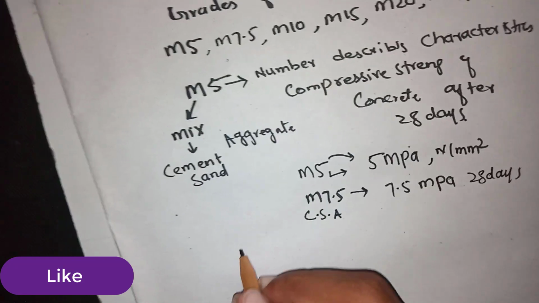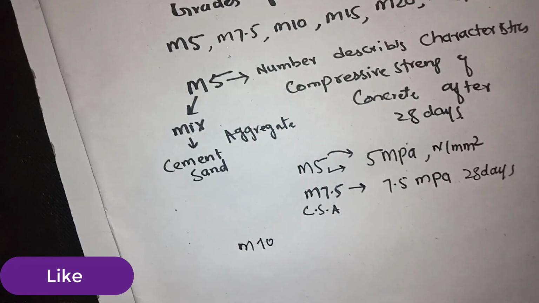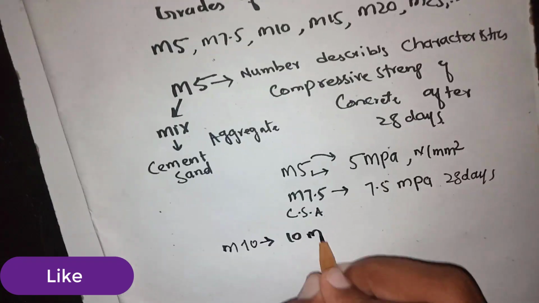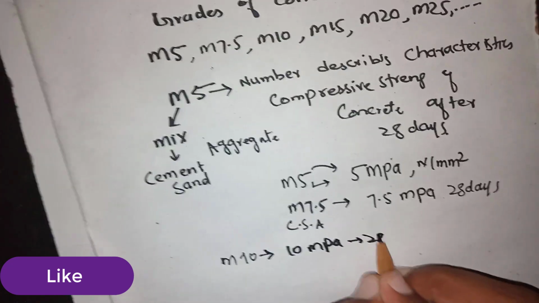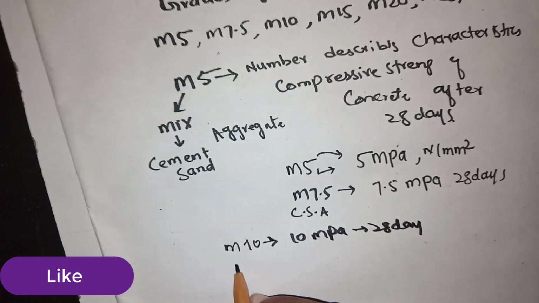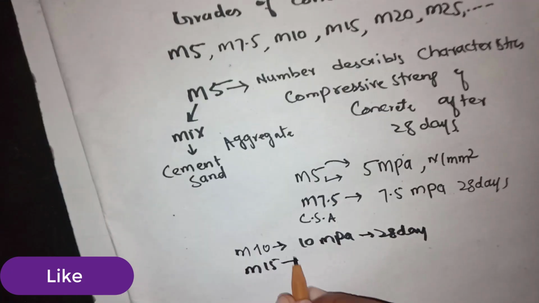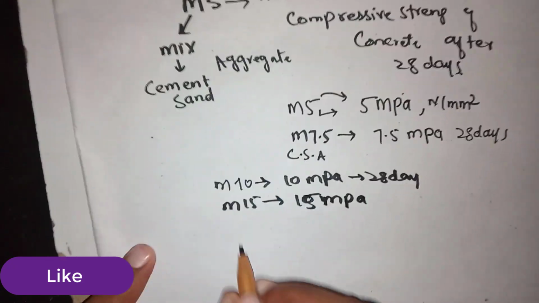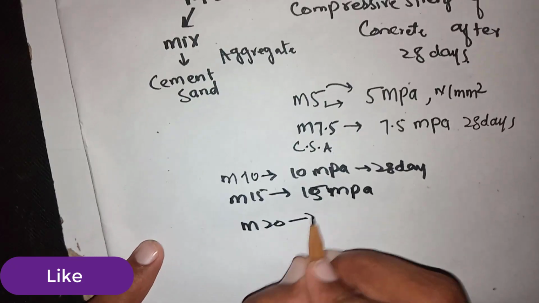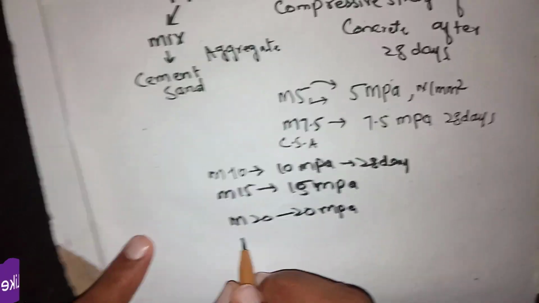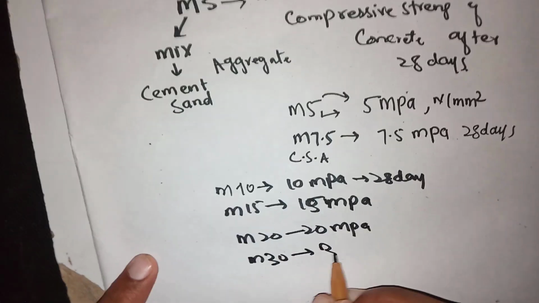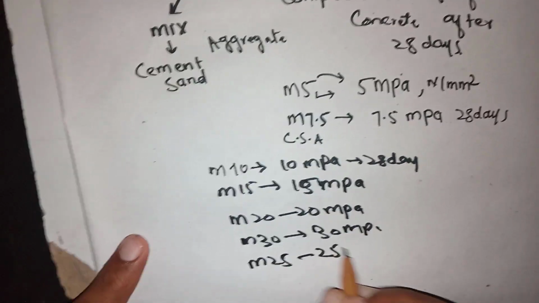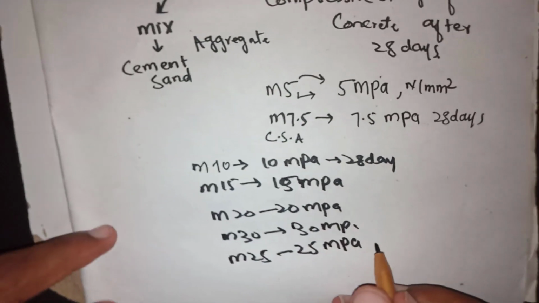Similarly for M10, 10 is 10 megapascal after 28 days, and M15 is 15 megapascal. For M20 it is 20 megapascal. For M30 it is 30 megapascal. For M25 it is 25 megapascal after 28 days.